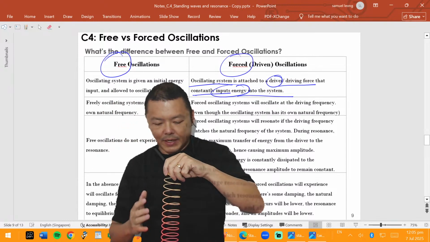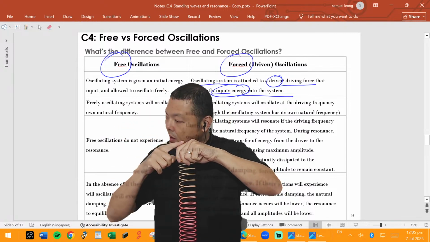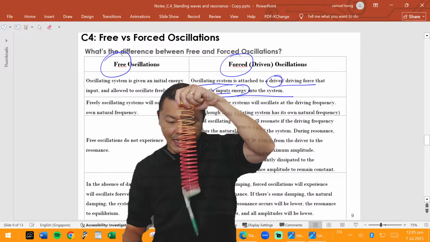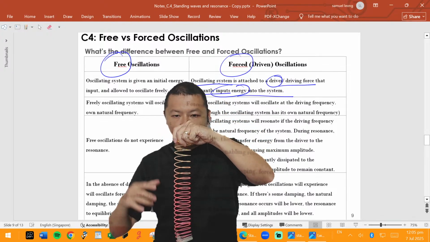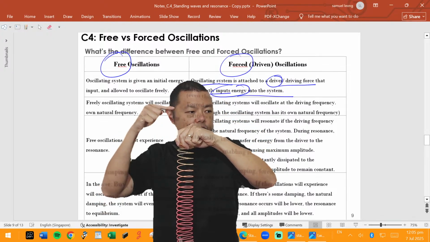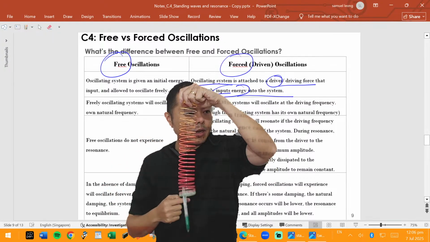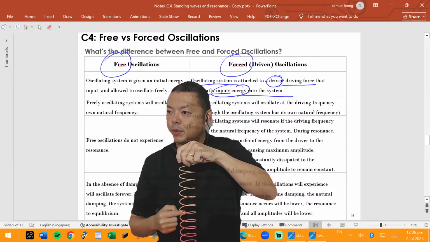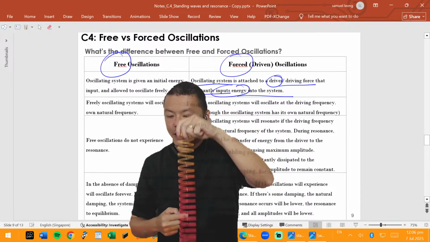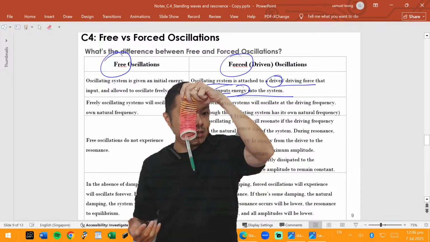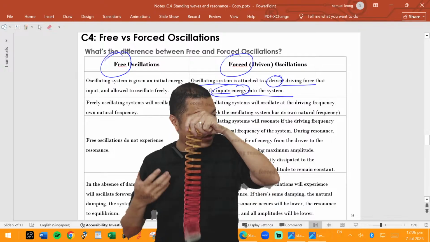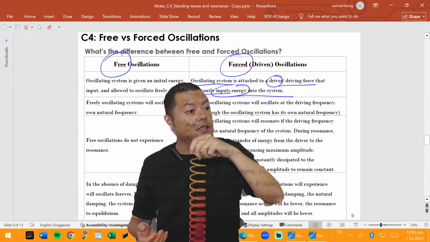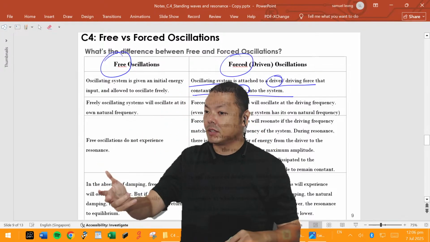So now, instead of displacing it one time, I'm going to continuously input energy with my hand. My hand keeps moving up and down, so the system will oscillate because there's a continuous input of energy. Okay, so that's the forced oscillation.